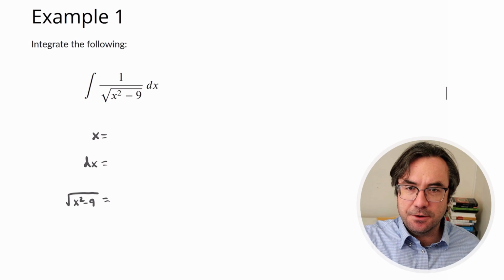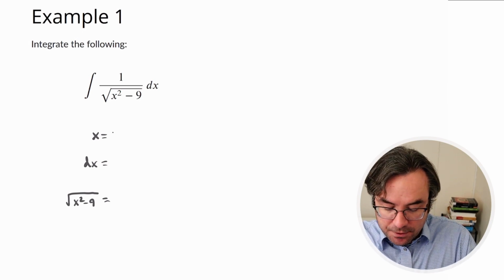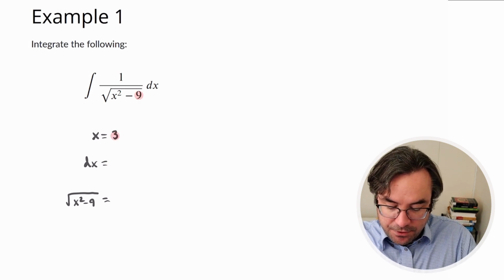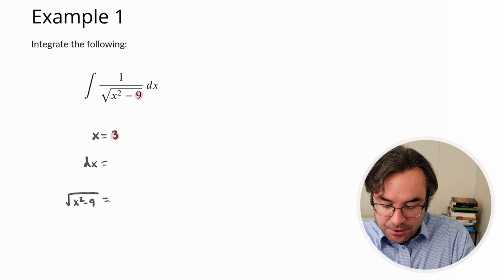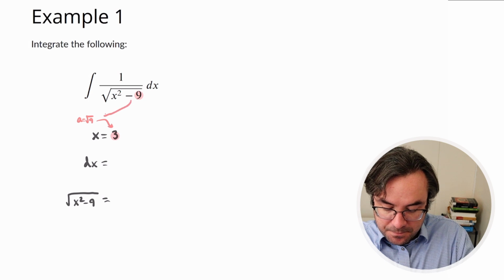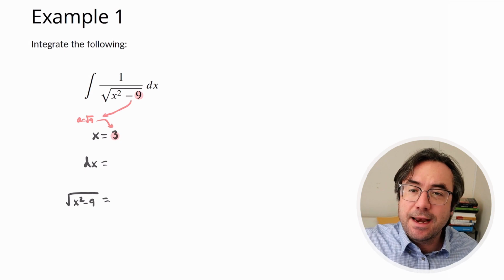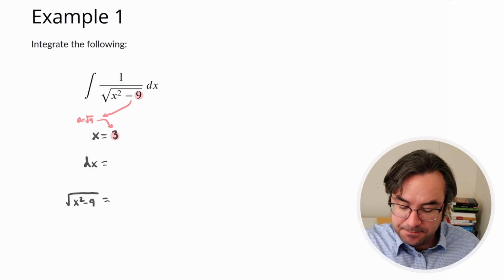All right, so that means for our example here, we're going to let x equal 3. And again, why are we doing 3? Well, because the a value here is the square root of 9. And based on our table, we're going to let x equal secant theta.